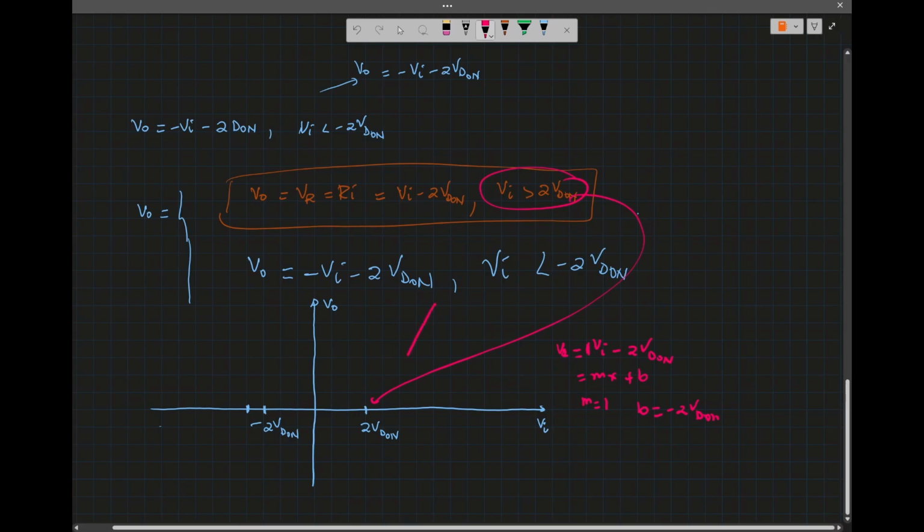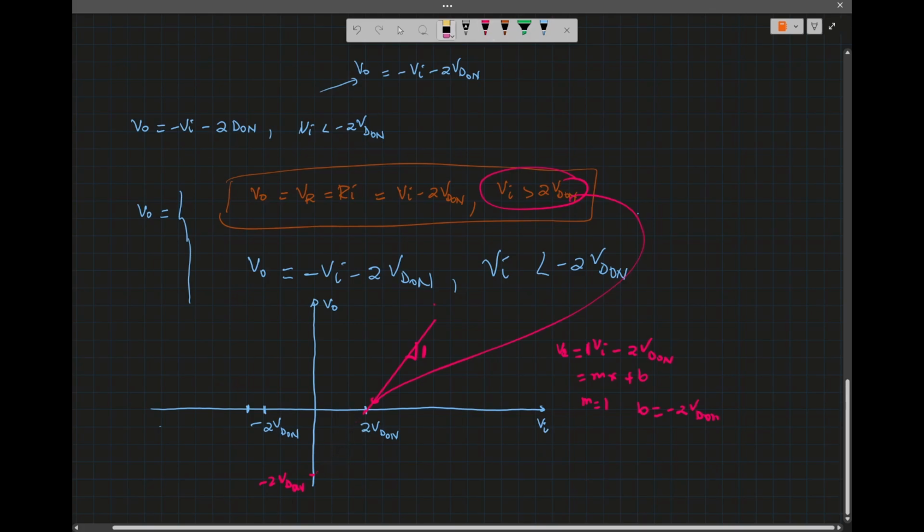So you can sketch this with slope 1. And then when you draw this line, that should be minus 2 VD on.